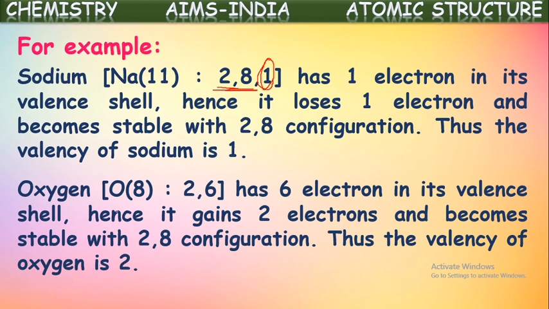For oxygen, the valence electrons are 6, because there are 6 electrons in its valence shell, but its valency we found to be 2. So generally for metals, valency and valence electrons are the same, but for non-metals, they are different.